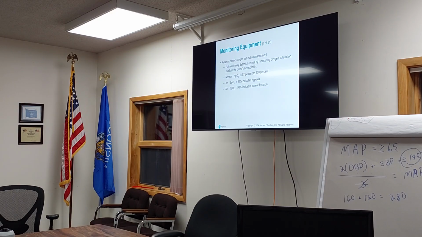Okay? There are some things that can create false readings on the pulse oximeter. For one thing, carbon monoxide, CO, has a much greater affinity for hemoglobin than oxygen. So if I'm in a carbon monoxide atmosphere, it will actually displace the oxygen molecule from the hemoglobin and attach.